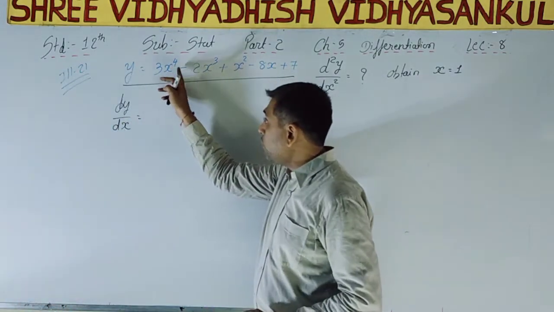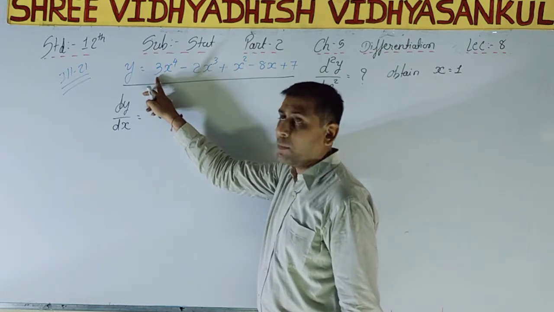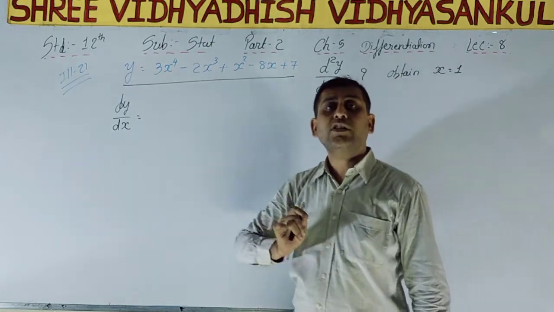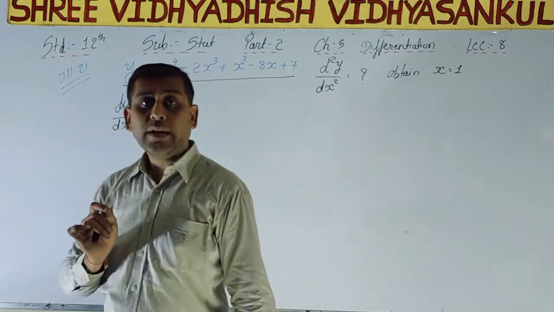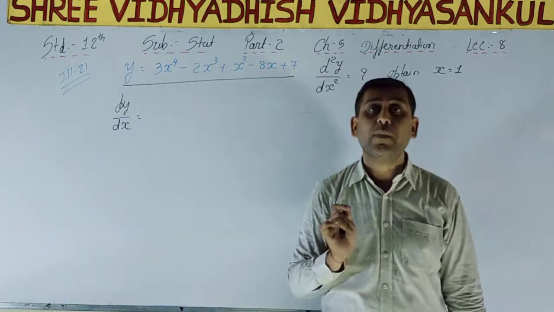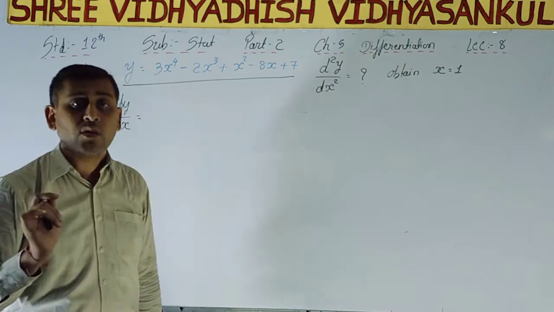What is the differentiation? See, 4 3s are, 4 is multiplied with 3, because here what is the formula? If y is equal to x raised to n, then dy by dx is equal to n into x raised to n minus 1.